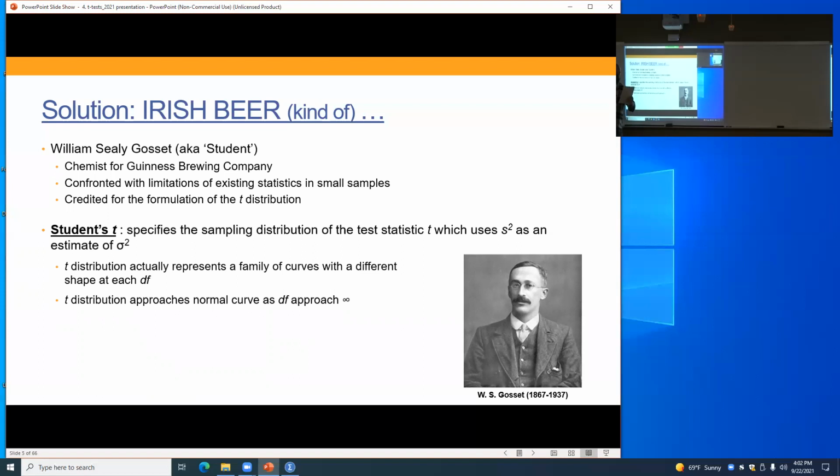So what would you do if you take a look at this? Emily, what are my criterion values for my Z statistic at alpha 0.05, plus or minus what? 1.96, right?